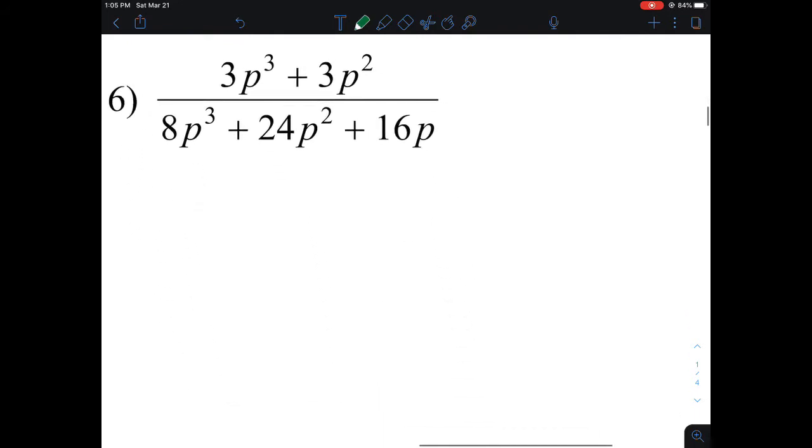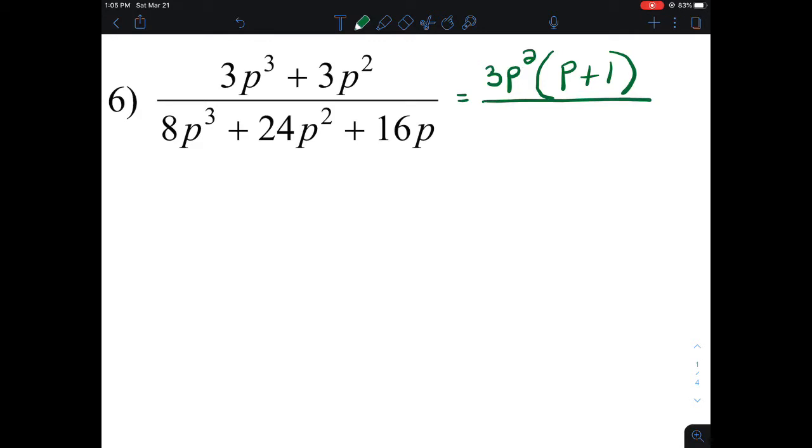Let's do this one, number 6. For the numerator here, I'm going to factor. I have to take out the GCF. The greatest common factor in the numerator would be 3p squared, so I'm going to pull out 3p squared. When I do that, that's going to leave me with p plus 1.